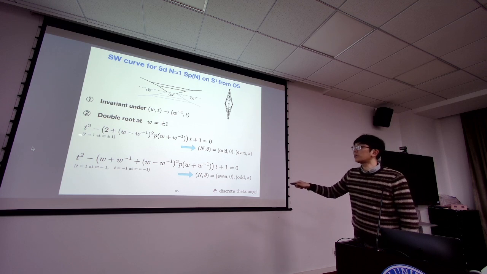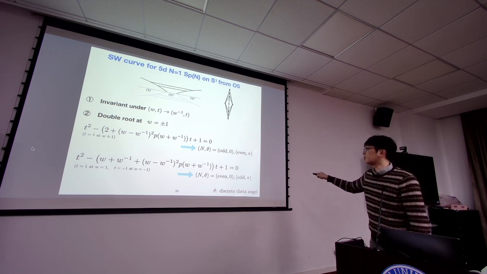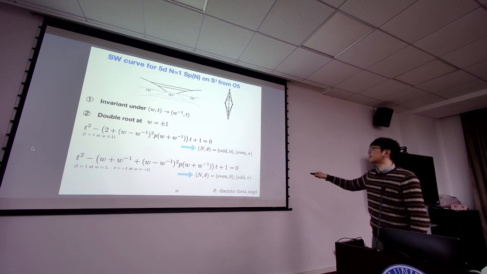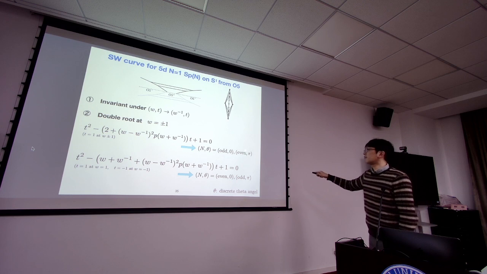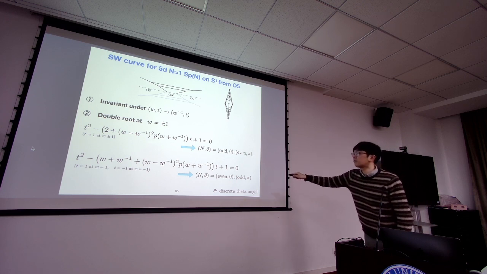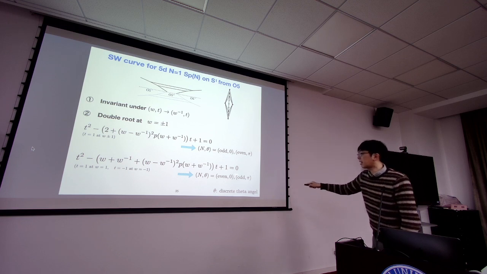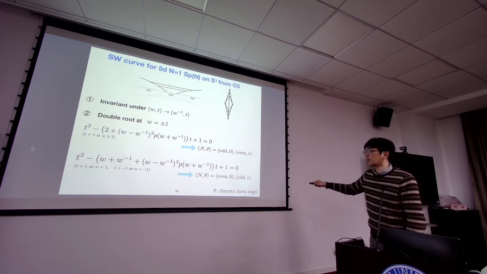Both t equals 1 correspond to this case. So Sp odd with discrete theta angle 0 or Sp even with discrete theta angle pi is described in this Seiberg-Witten curve. And the remaining case is described in this slightly different Seiberg-Witten curve.